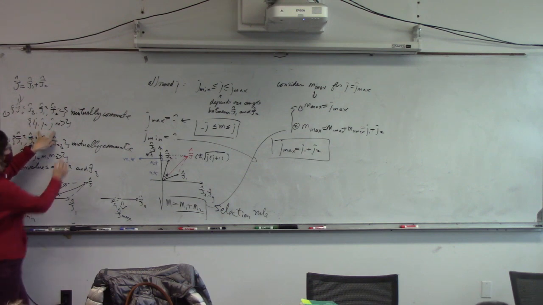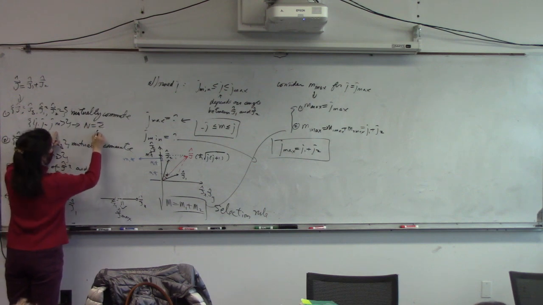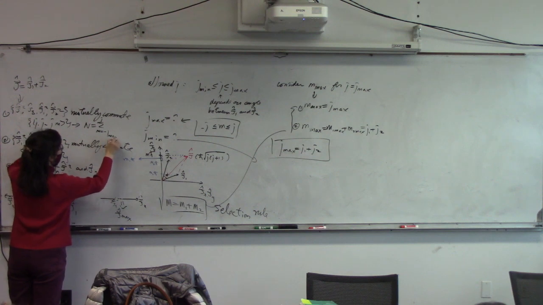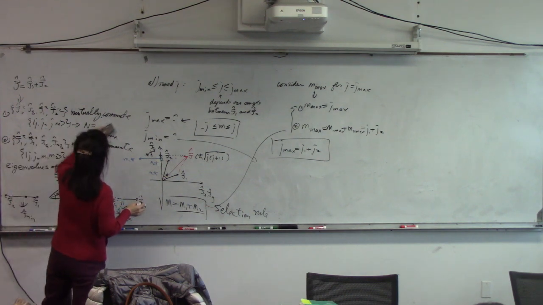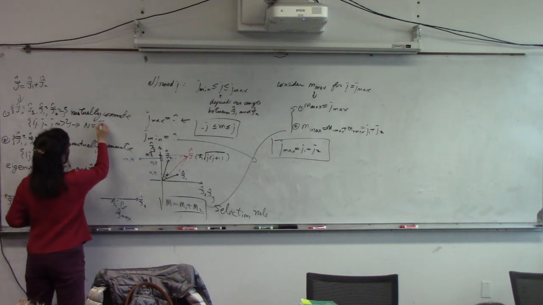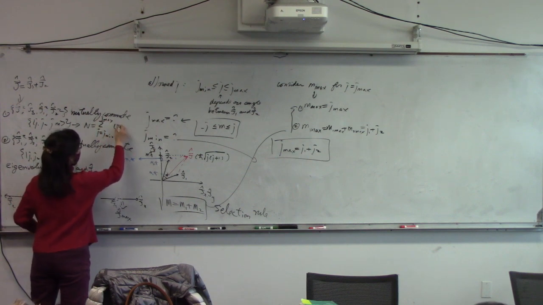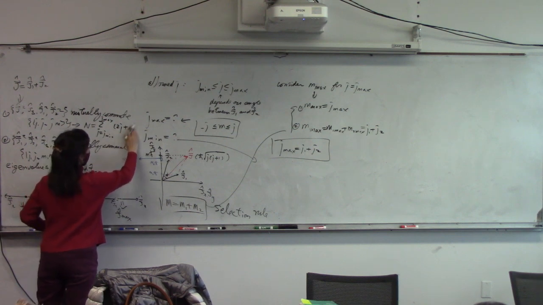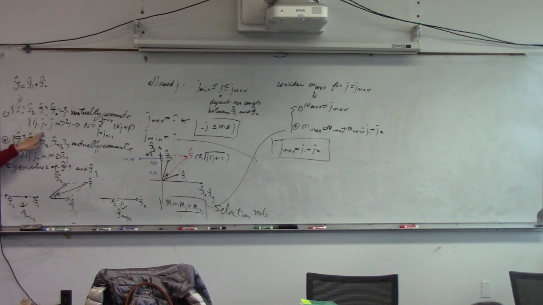What is the dimension of this? All the possible allowed J from J minimum to J maximum, and for a given J, the number of M values is 2J plus 1. That is the dimension of this.